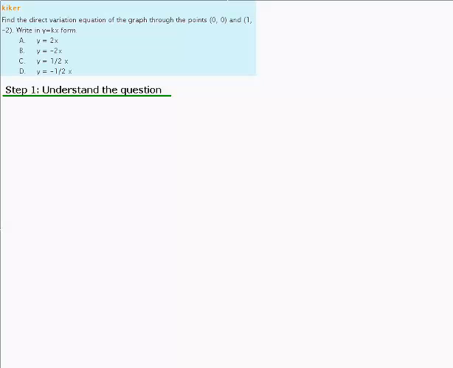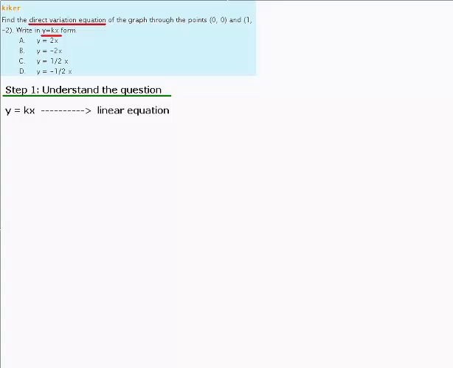So for the first step, let's try to understand what the question is asking. We're dealing with a direct variation equation, and we've also been given the formula for that equation, that is y equals kx. In the previous session, we discussed that y equals kx is a linear equation.